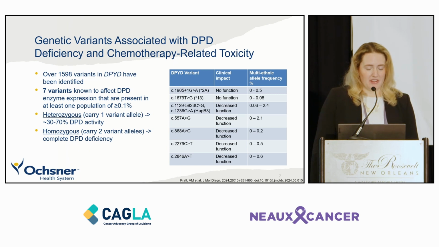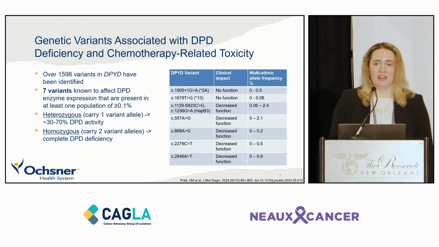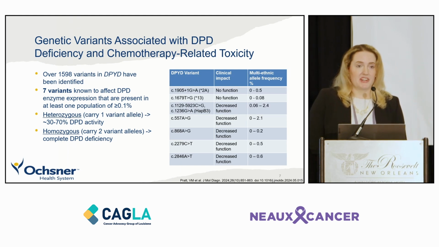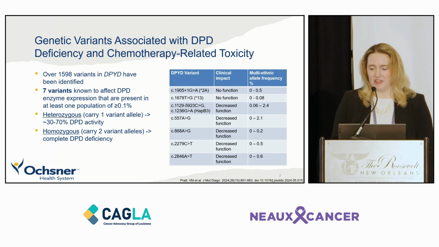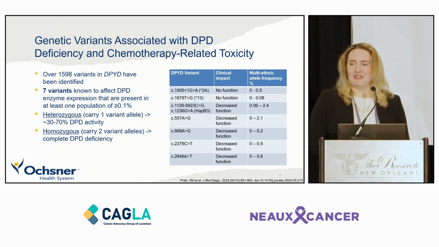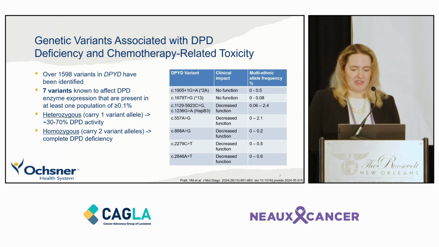But of these, there are 7 variants that we know of that we have data to support really affect the amount of DPD enzyme. And so this table was actually put together by the Association for Molecular Pathology Clinical Practice Committee's Pharmacogenomics Working Group, which is a mouthful, but they are a collaboration between our pharmacogenomics guideline groups as well as a pathology group.